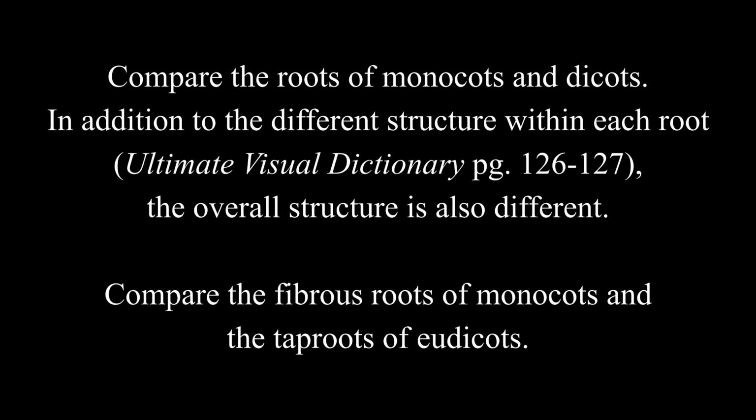Compare the roots of monocots and dicots. In addition to the different structure within each root, Visual Dictionary 126 through 27, which you've probably already seen, the overall structure is also different. Compare the fibrous roots of monocots and the tap roots of eudicots.